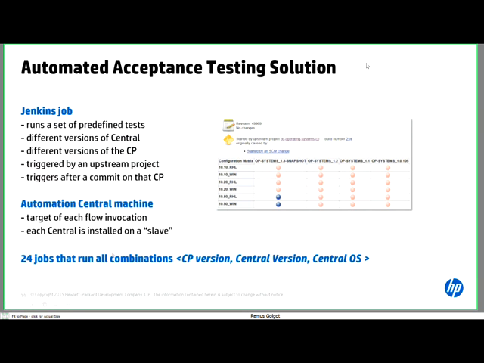Now, going to the second use case, which is a more elaborate use case of how to build a possible automated acceptance testing solution. This will be a solution that tests some Operations Orchestration content packs.